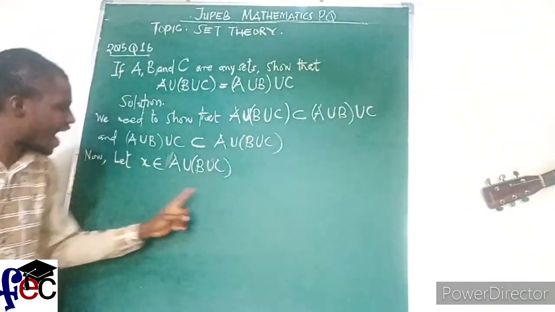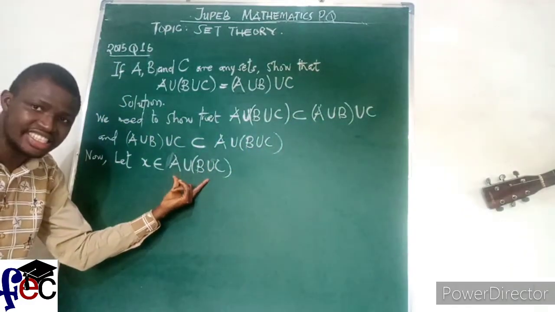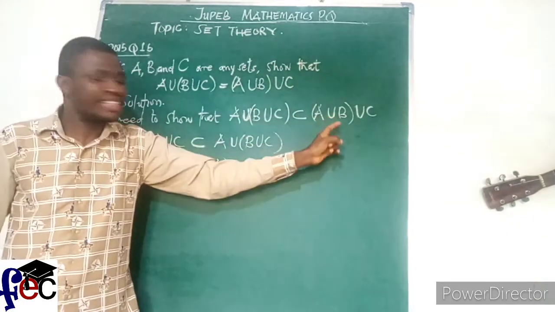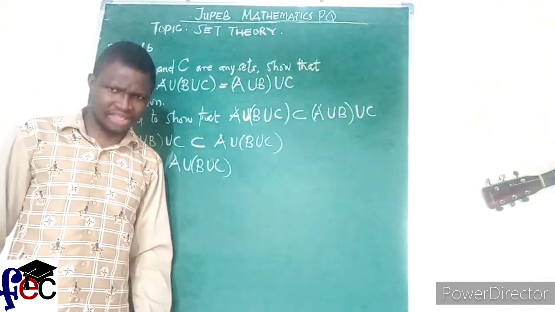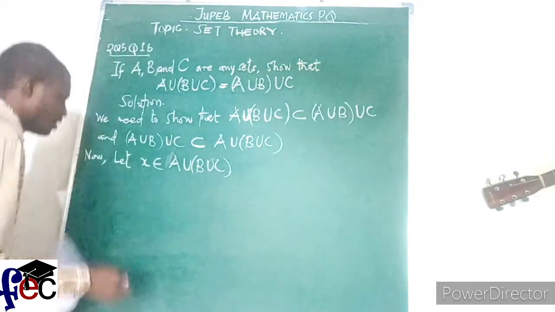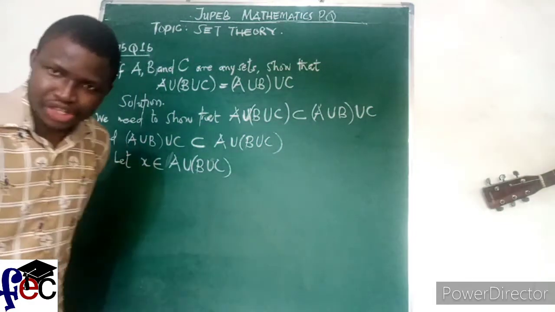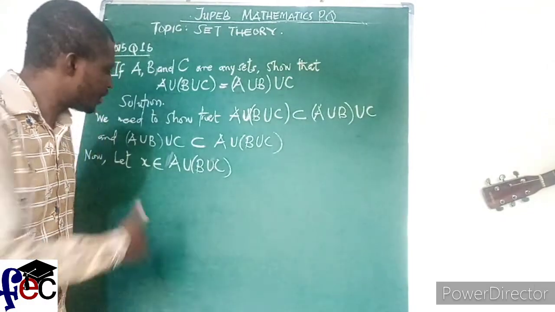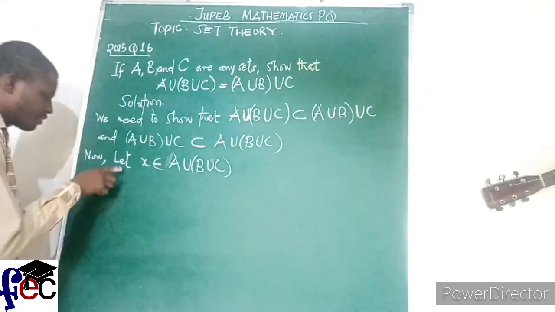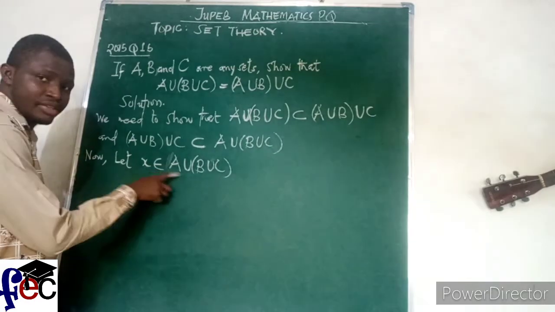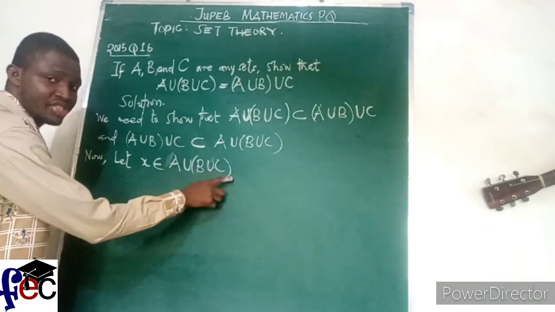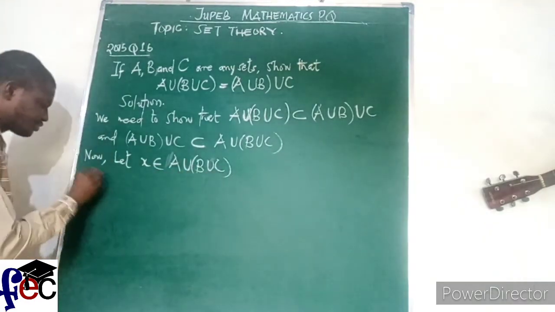So there is a way I will rearrange this until I show that it's inside (A union B) union C. Are you getting it? You see now. We'll now use the definition of a union of sets. x is a member of set A union (B union C), right?